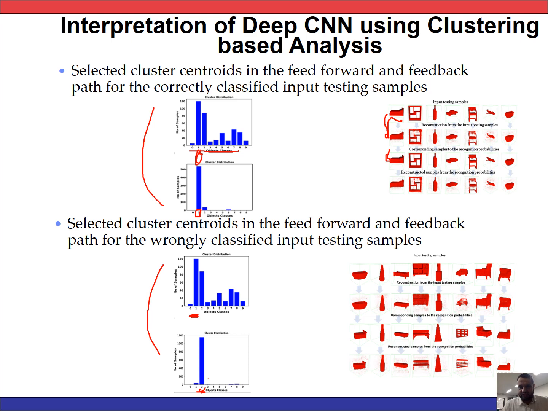When we provide the input, suppose here is a bathtub, and we generate it from the local layer, the local layer actually learned the input object. But when we go to the higher or upper layers, it learned the class representation. So when we generated this object from the local layer, it gave us the bathtub, but from the recognition probability, it generated the bed.